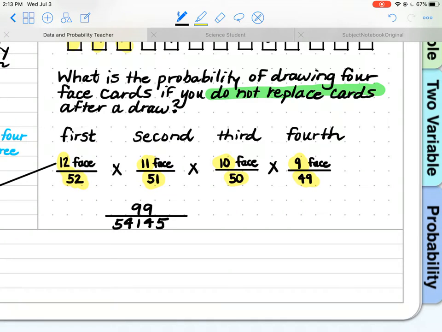Now, if they want you to leave it in fraction form, you've got it made. You've got this right here. You're done. But remember, if they want you to divide it, you would have to do this division. And I want you to do this because there's something I need to show you. When you do 99 divided by 54145 and press equals, you get something incredibly odd looking.